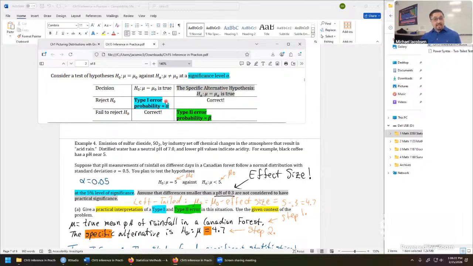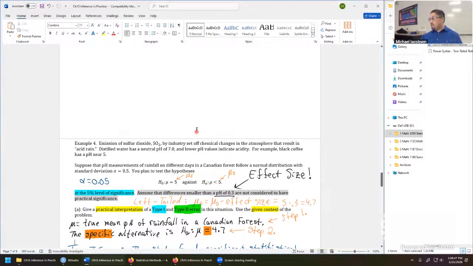What is a type 1 error, in words, using the context and saying what the parameter is in context, and saying the same for the type 2 error. If we can't do that, we're being very blunt and careless with our statistics. And whatever conclusions we make, we might be torn apart by industry if they don't like the changes that might come down the line if we say reject the null in favor of the alternative.